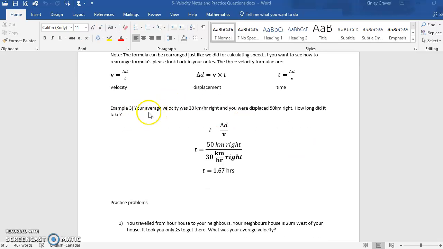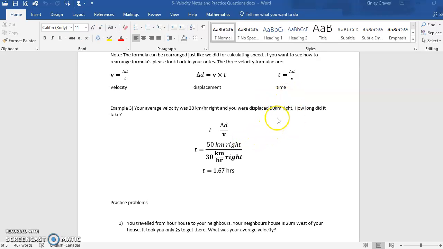So for example 3 here, it says your average velocity was 30 kilometers per hour right, and you were displaced 50 kilometers right. How long did it take? So we have to figure out what we are trying to solve for. How long did it take? That means we're solving for time, so we need our time formula from up here.